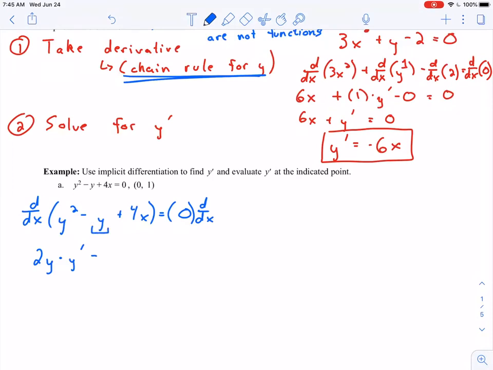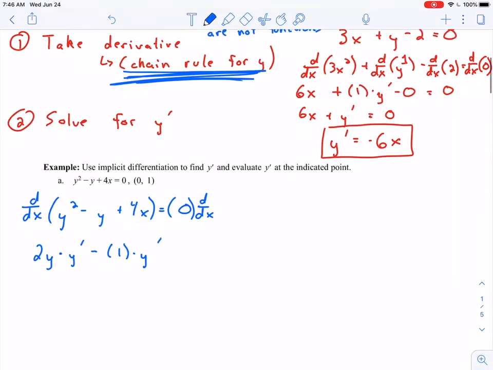minus the derivative of y. We looked at this example earlier. Pretend again, just for a moment, that the derivative of x is 1, so the derivative of y I'm also going to say is 1, but again, chain rule for y, so I need to multiply that by y prime. The derivative of 4x: this term is written only in terms of x.